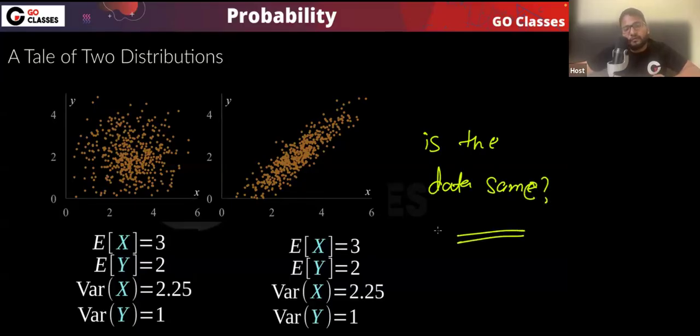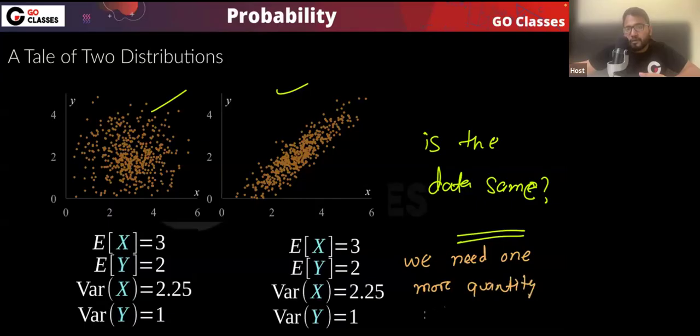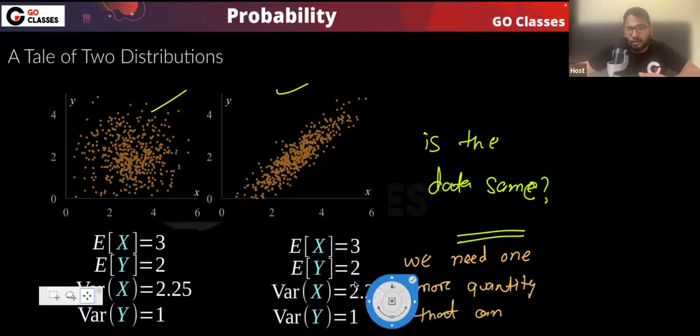So that is why we need something else which can convey to me that these data are different. We need one more quantity that can differentiate the data, right?